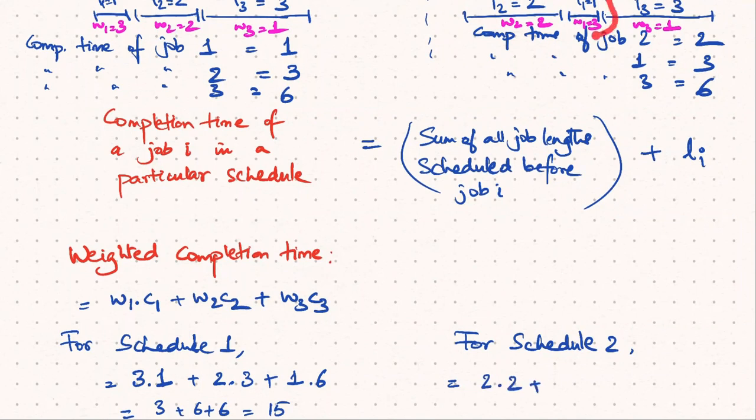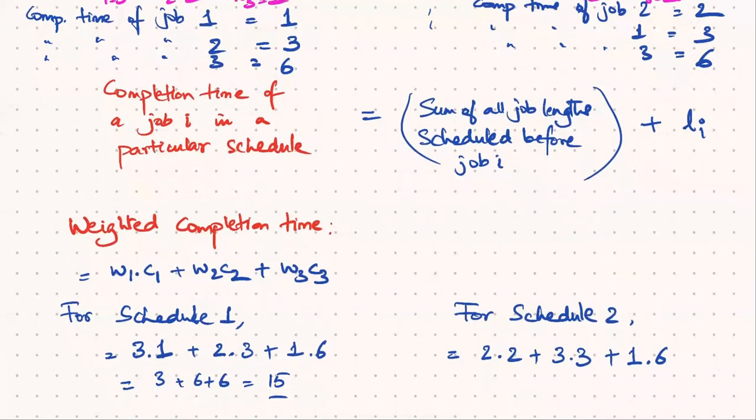Job 1 finishes at time 3, and it has weight 3, so 3 times 3. Job 2 finishes at time 2. And finally the last job, job 3, has weight 1, and it completes at time 6. So for this schedule, the weighted completion time is 4 plus 9 plus 6, that's 19.